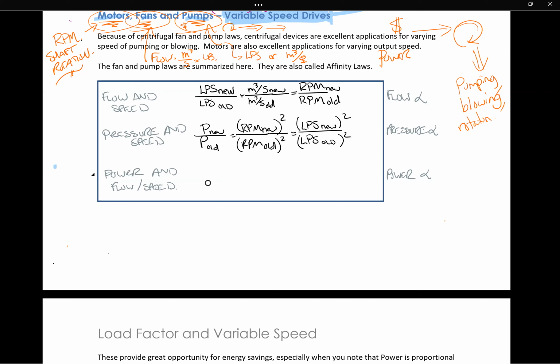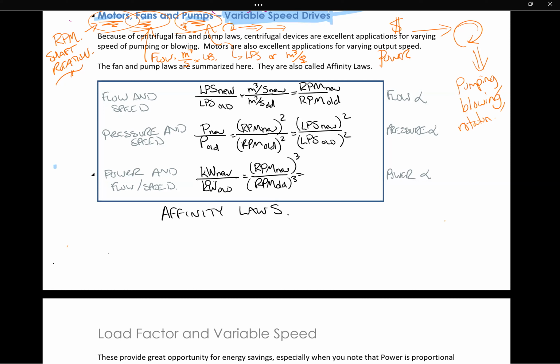But if we look at power and speed, and again, we could derive all of these from first principles, these are called the affinity laws. Affinity laws of pumps, fans, and motors. And we can use our basic physics to prove these. If we look at how power relates to RPM, then the relationship is actually cubic.